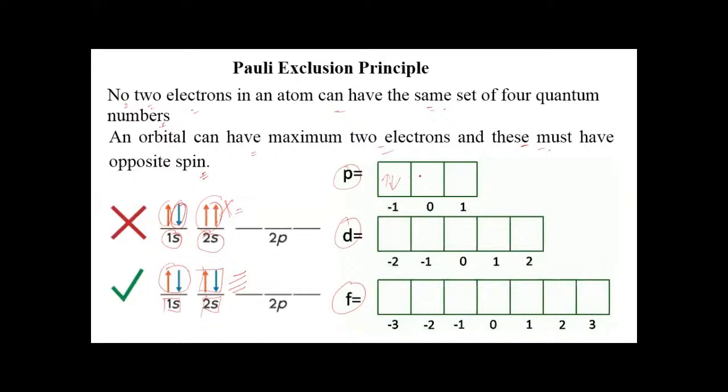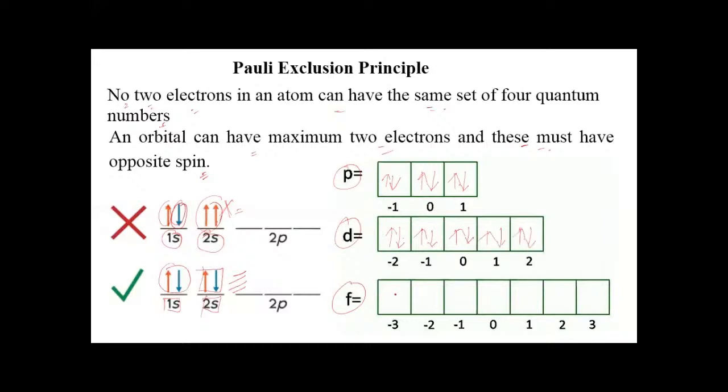The upward arrow and downward arrow suggest they have opposite spin. Similarly, the d subshell has 5 atomic orbitals, and each orbital can have a maximum of 2 electrons that must have opposite spin. If the spin is not opposite, then the filling of electrons is not allowed.